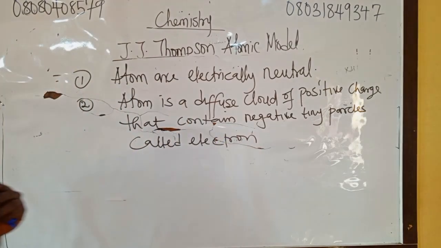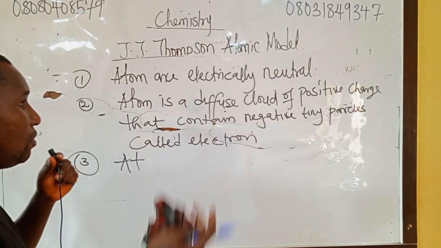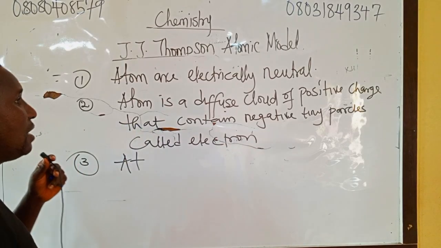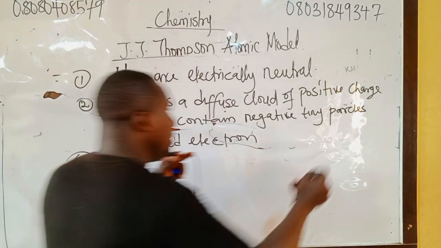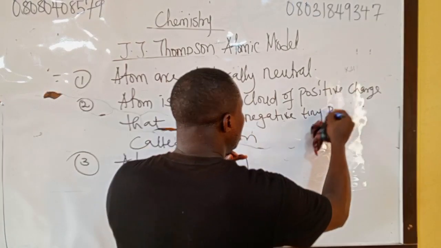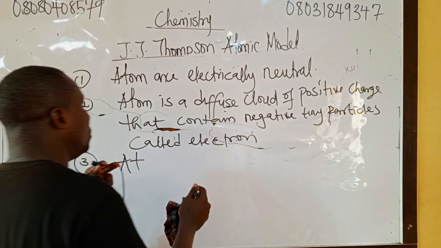Take note of that, called electrons. So the atom is a diffuse cloud of positive charge that contains tiny negative particles called electrons.